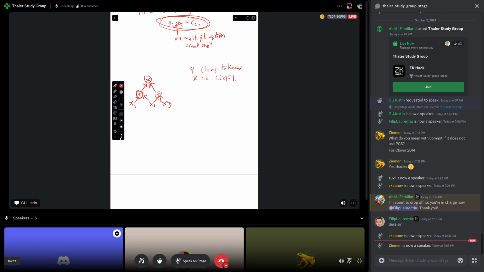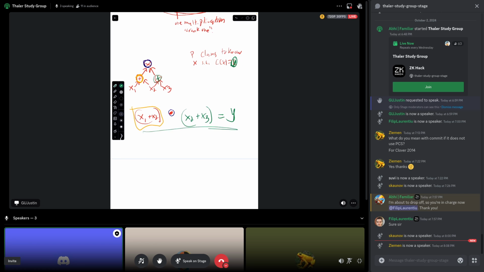It is x1 plus x2, that's in orange, that's just the value of this addition gate, times, and this times is coming in from the multiplication gate at the output, and then x2 plus x3, which is coming in from this addition gate, equals 1, or whatever the claimed output is. Okay, and so this is a rank 1 constraint system.